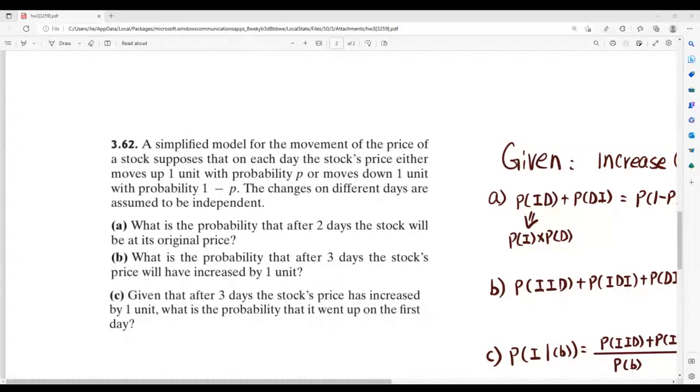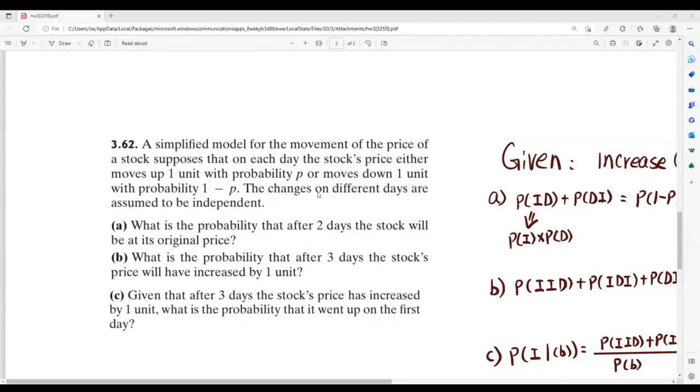Yes. Okay, this is question 62. A simplified model for the movement of the price of a stock supposes that on each day the stock price either moves up 1 unit with probability p, or moves down 1 unit with probability 1 minus p.